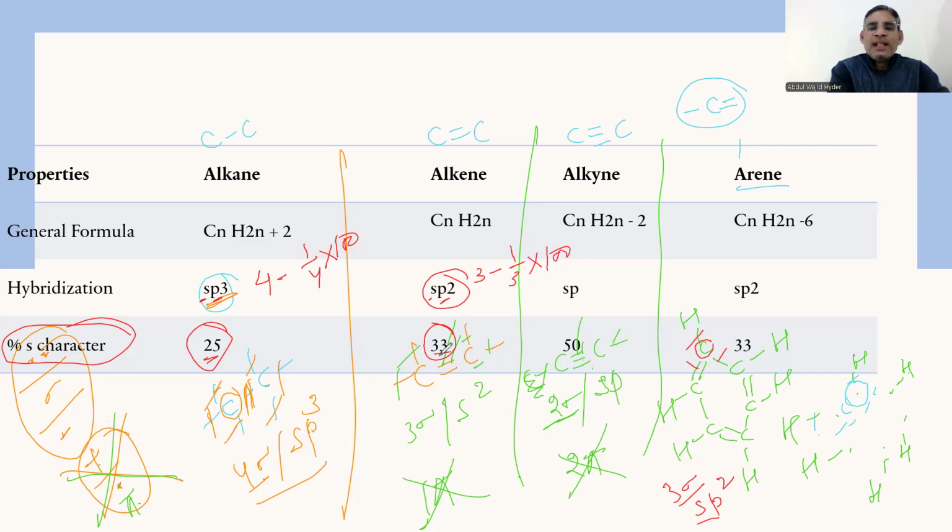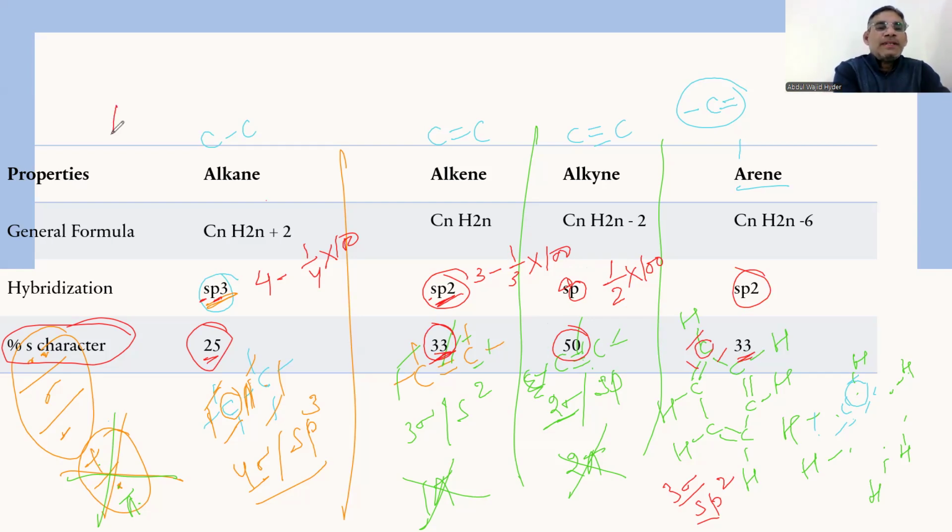And in alkyne, 1 is S and 1 is P. So 1 S out of 2 total multiplied by 100, you will get 50%.